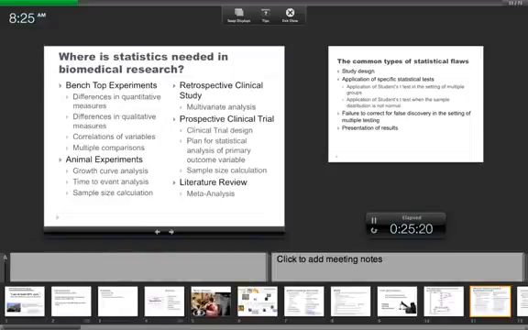And many times, even before we start, we have to write out the protocols and plan the experiment. In planning the experiment, one very important question is how many mice am I going to need? That is sample size calculation. You use statistics to calculate the sample size.